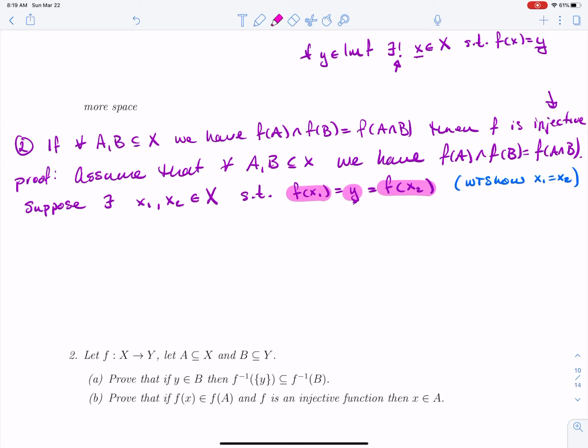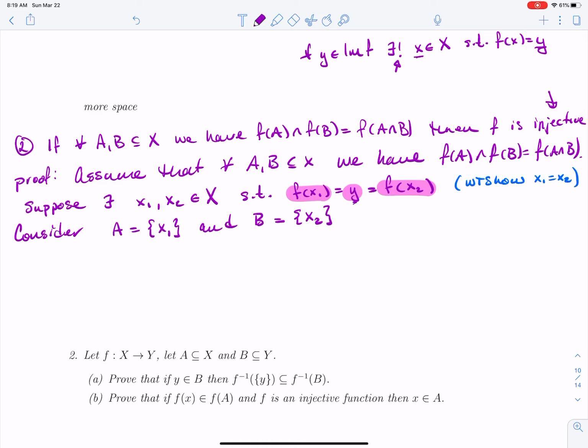So what we're going to have to do is use our hypothesis that whenever we have A and B in X, the image of A intersect the image of B is equal to the image of their intersection. So let's see if we can make a clever choice of A and B. So consider the set A to be just the set containing x1 and the set B to be just the set containing x2.